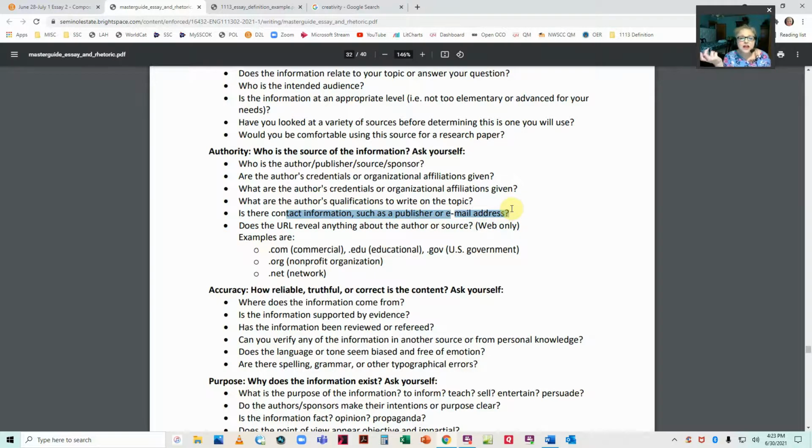If you can't track down who is responsible for this, if you can't find information about the person's credentials, you shouldn't use that site. If what they're saying is true, if it's factual, if it's helpful, then you should be able to find another source that tells you the same thing, that you can actually show their credentials.